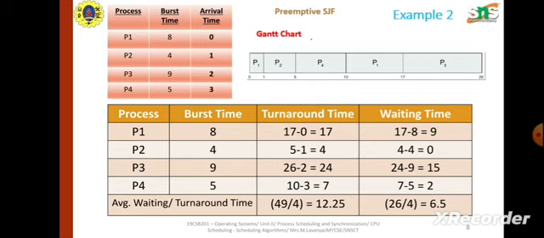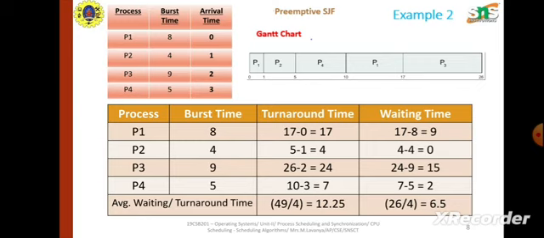Then next, at the time of 5 millisecond, all the process will be waiting in the waiting queue. So the burst time of all the three processes P1, P3 and P4 will be compared. In that the process P1 will be currently having the burst time balance of 7 millisecond.